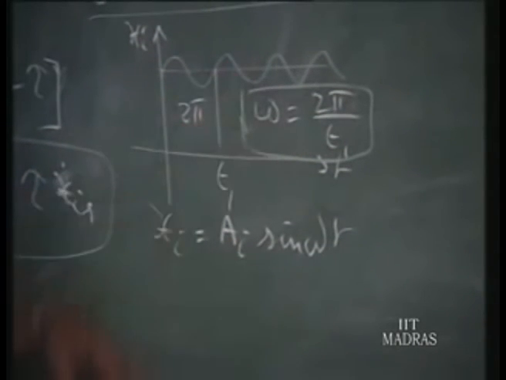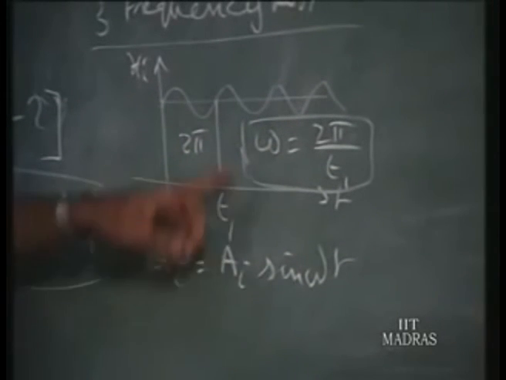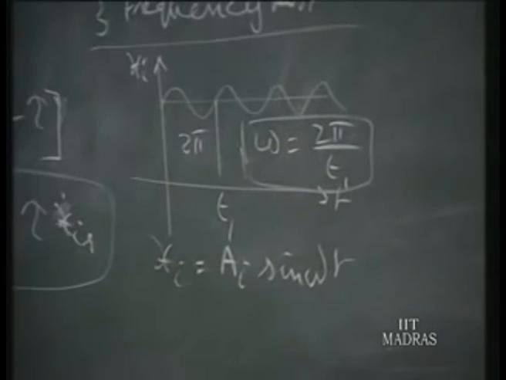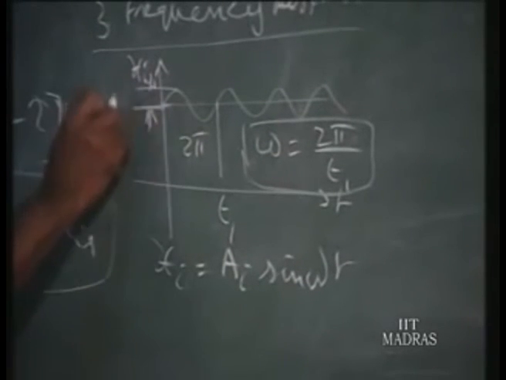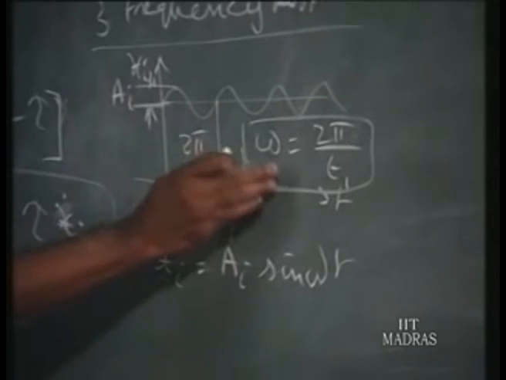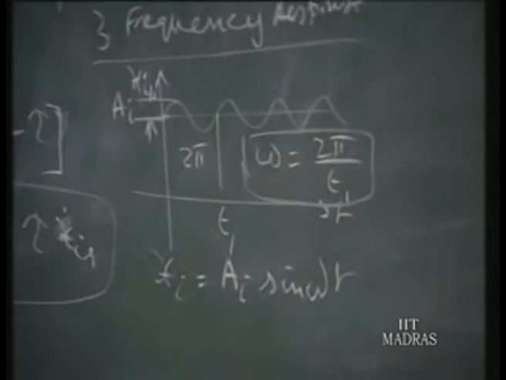So any such variations, if you can find out, plot it in a recorder, later on you can write the variation in terms of this input signal. Ai is the amplitude of these variations. So omega is this 2 pi by t1, Ai is the amplitude of the variation.